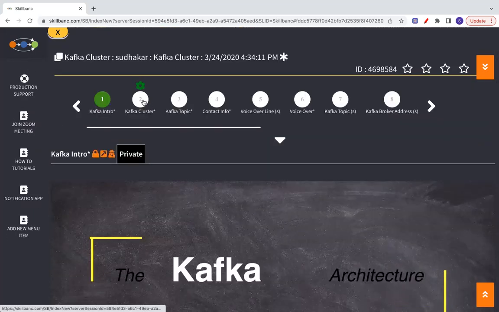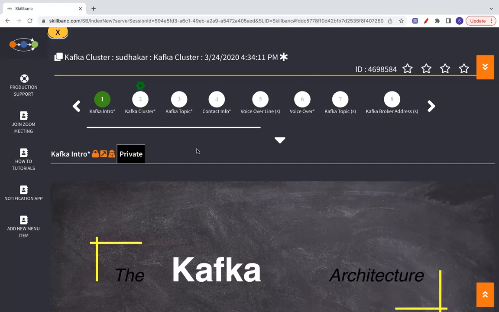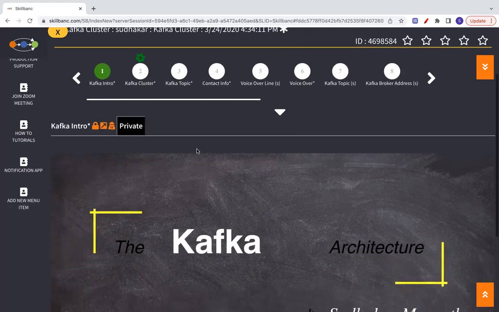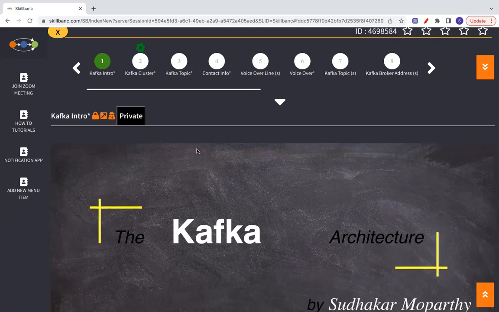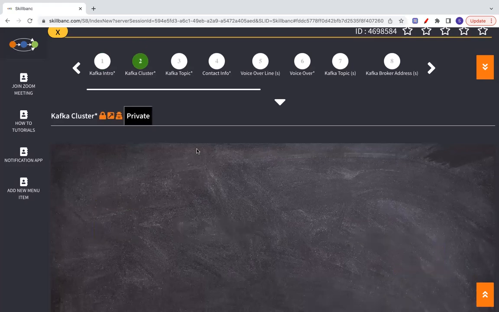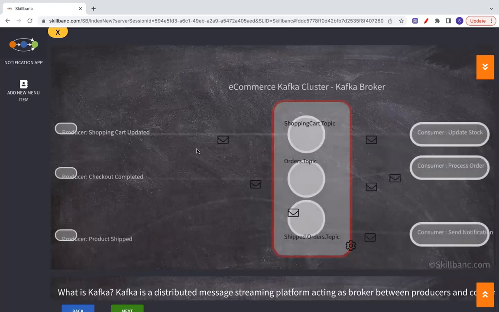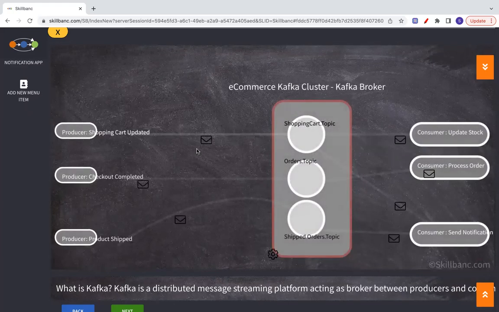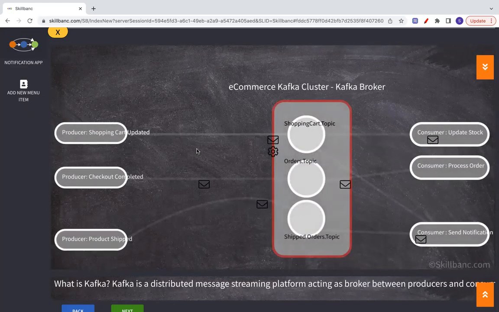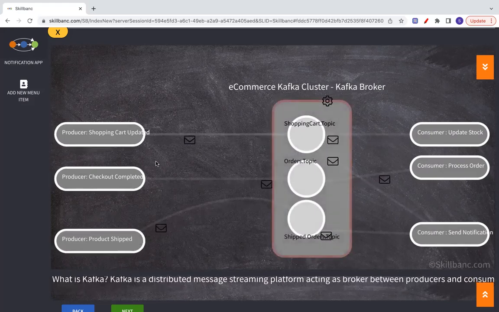Then we will see what is Kafka. This comes from the computer science background. This particular topic is event-driven architecture, event-driven architecture in the world of software engineering.